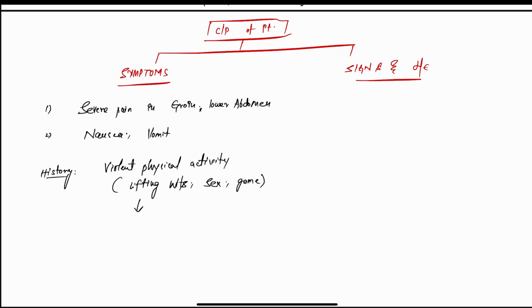Because of that, when the abdominal muscles contract, the cremasteric muscle, which is an extension of abdominal muscles, will also contract briskly. So there will be a brisk cremasteric reflex.